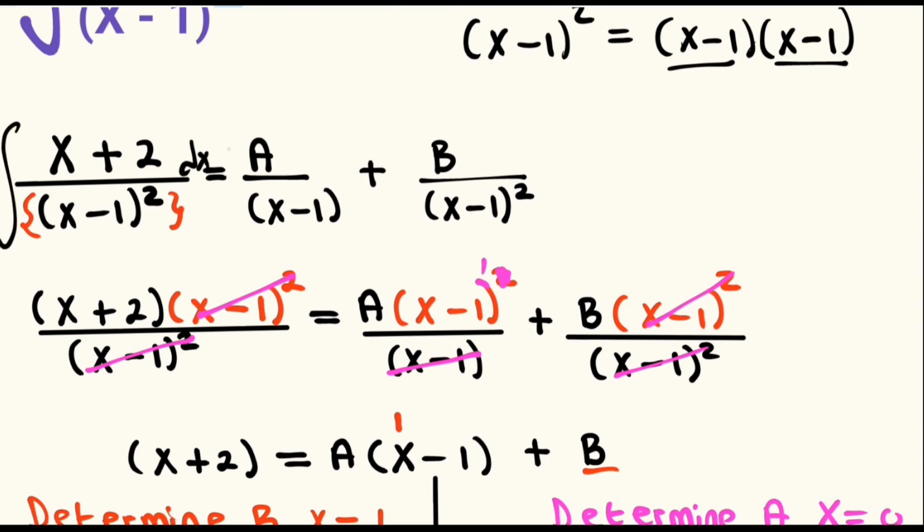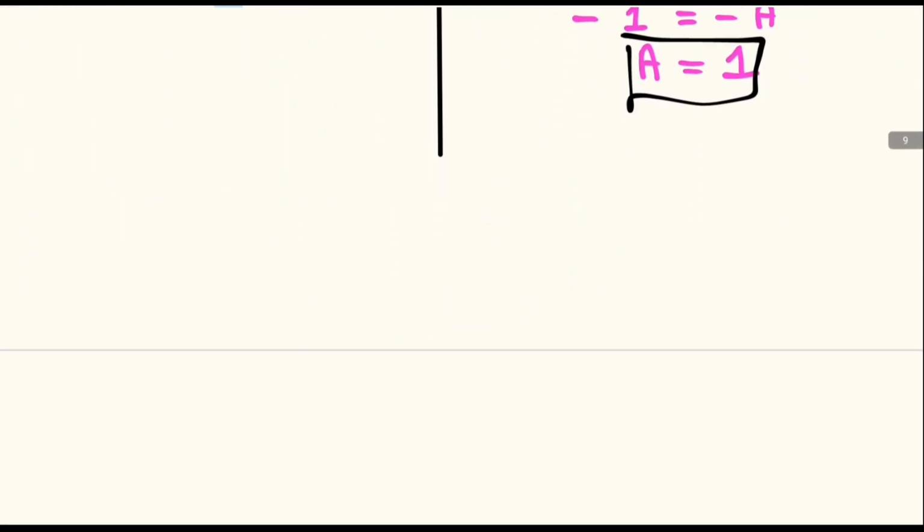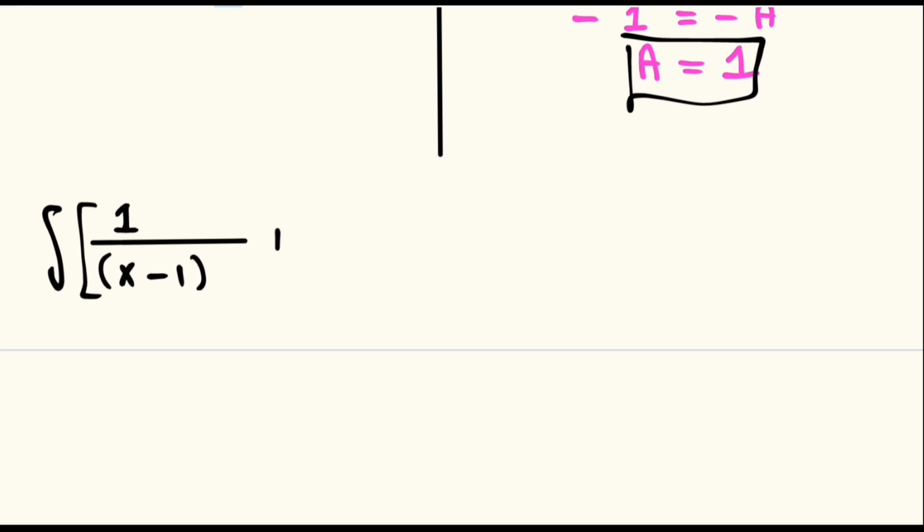The integral on the left hand side will be equal to the integral on the right, but it will be much easier for us to integrate the right hand side. So we have the integral of a, which is now equal to 1, divided by x minus 1, plus b, which is now equal to 3.